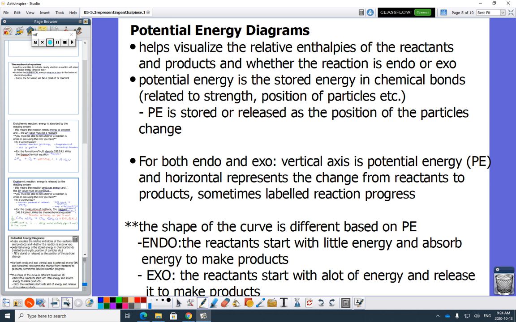So the endothermic reactions, the reactants start with a little bit of energy, and they have to absorb energy to make the products. So if they are absorbing energy, then the products have more than the reactants did. And then vice versa. In exothermic, the reactants have a lot of energy, and then they release it, so the products have less.